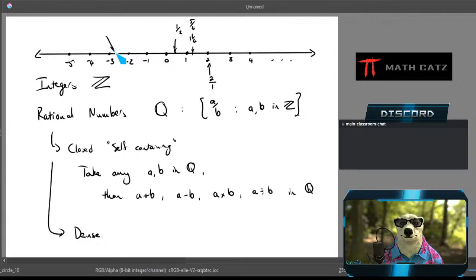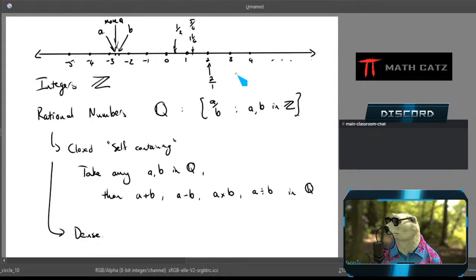If I take any two, let's suppose there's my A, and very close next to it is another rational number, B. Then for any two of these that you take, there will always be another rational number in between those two. Then you can take those two, and in between those two, there's another one. So any gap that you look at, regardless of how tight they are together, there's another rational number in between.